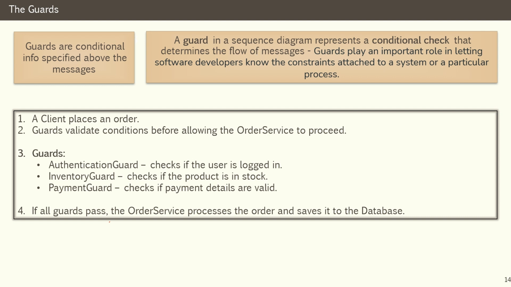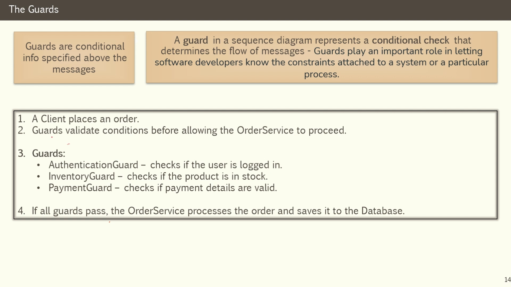What it will do is you can mention the conditional statement over the message that will provide information to the sequence diagram user, and they will decide how the messages are flowing in. It plays an important role in letting software developers know about the conditions attached to the system or a particular process. Let's take a scenario.